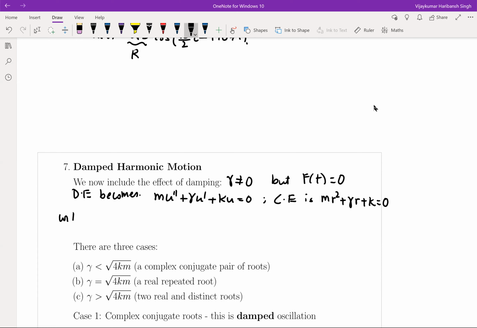The roots r1 and r2 are given by minus b plus or minus square root of b square, so b is gamma, minus gamma plus or minus square root of gamma square minus 4a c, which is 4 times m times k, divided by 2a, which is 2 times m.